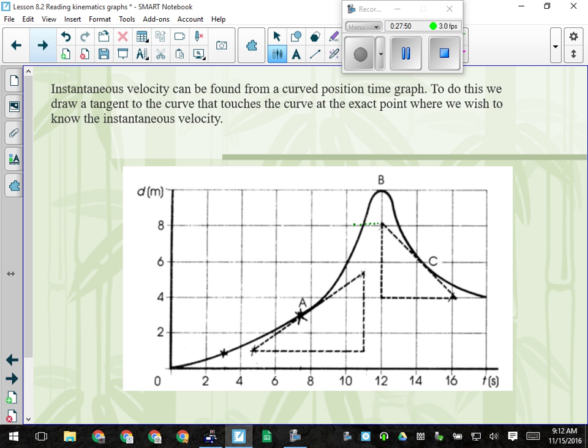Okay, and then it starts to what? Okay, so is it speeding up or slowing down? It's slowing down. How do I know that? Look at the curve. Is the curve getting steeper or flatter? Flatter. In fact, at B, it's flat.